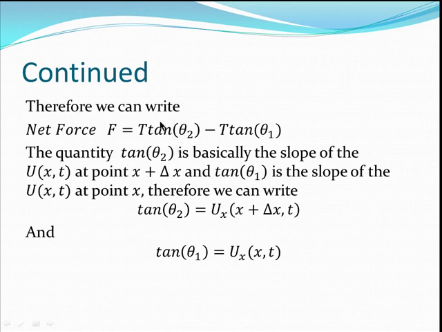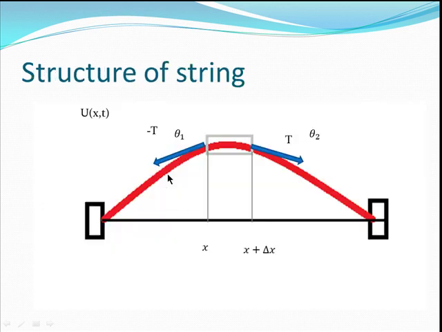Now tangent theta 2 is basically the slope of the curve u at point x plus delta x. Tangent theta 2 is the slope of this tangent line, and the slope of the curve at this point and the slope of this tangent are the same. So tangent theta 2 can be replaced by the derivative of this curve at this point.